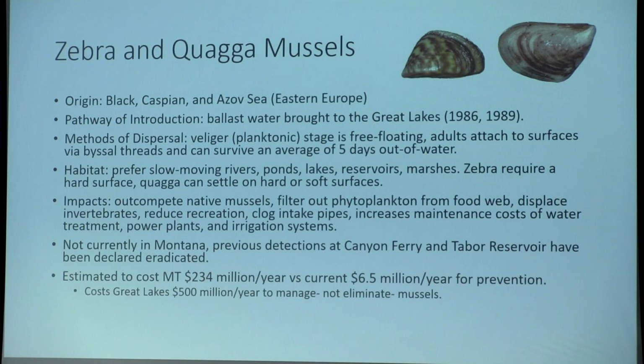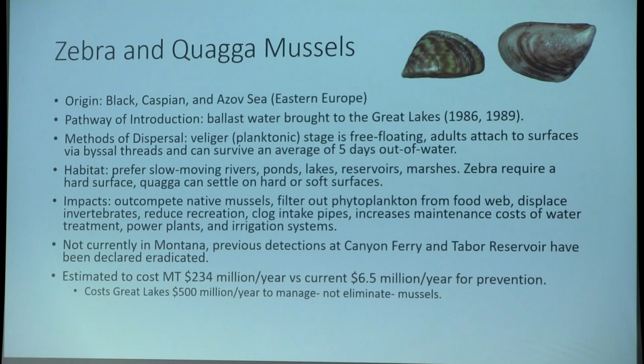So now we're going to your question, which is where are they from? They are from Eastern Europe, near Ukraine, and they came to us through ballast water. They arrived at the Great Lakes in the mid-1980s. Ballast water is taken in by cargo ships when they don't have any cargo. They take it in from wherever they're starting.